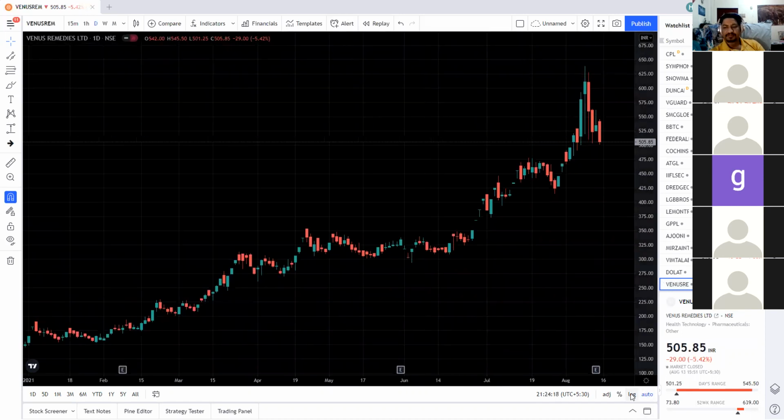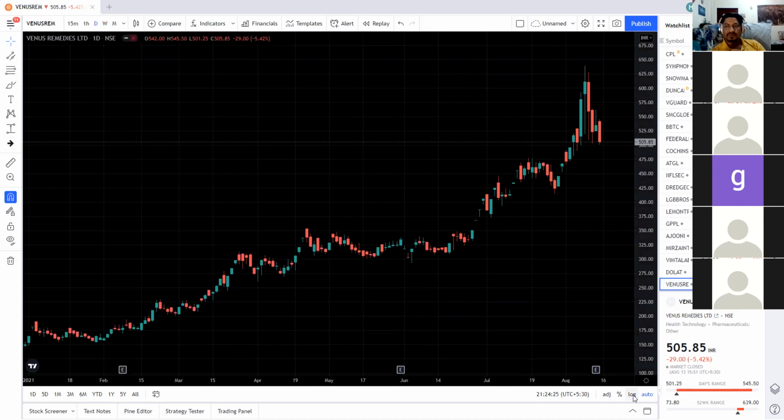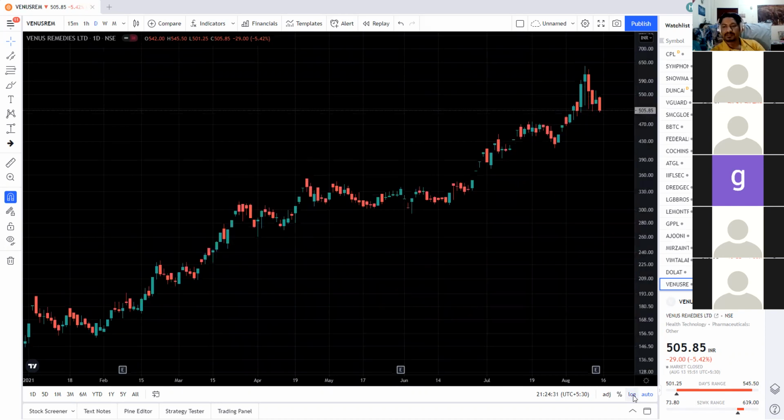And log scale is a mathematical tool, everyone remembers the log. What does log do? Log takes the base you want. Here the log is set on base 10. What is the meaning of base 10?